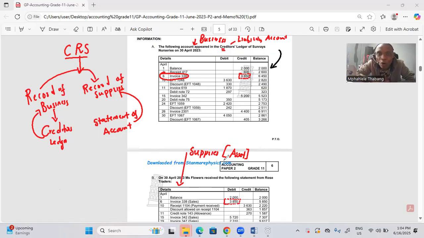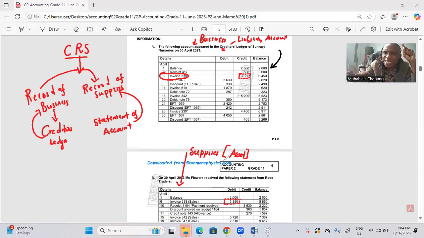Remember, we are owing the supplier. We are buying goods on credit from the supplier. So on the statement, the supplier records on the debit side because the supplier sees us as a debtor. So if you look carefully, what is on the credit side of the creditors ledger must also be found on the debit side of the statement of account.